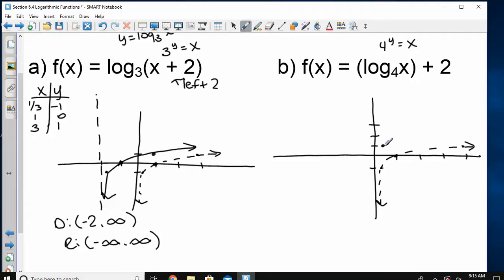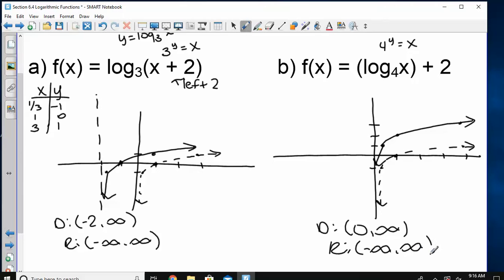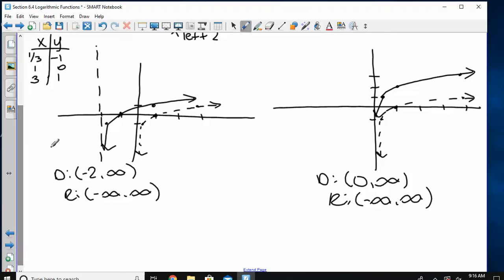Okay. Domain? 0 to infinity. Range? Negative infinity to plus infinity. Any questions there? Let's graph. I'm gonna add one more.